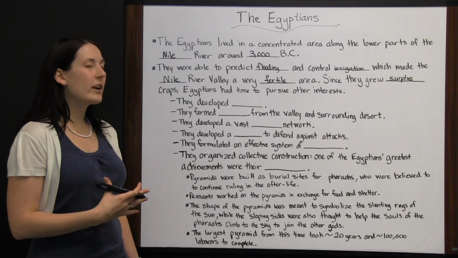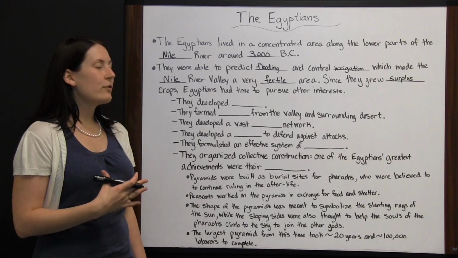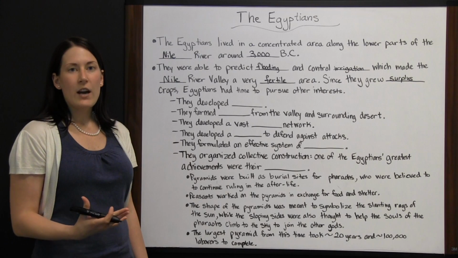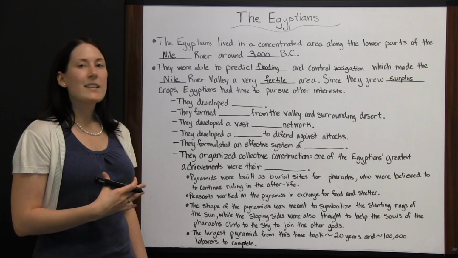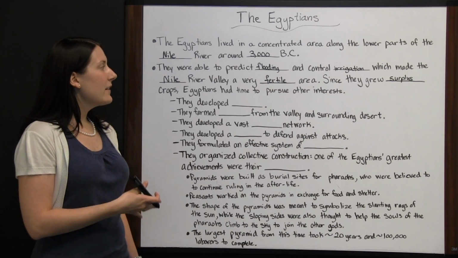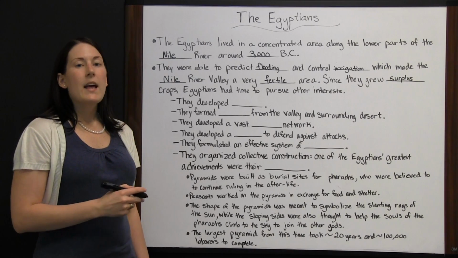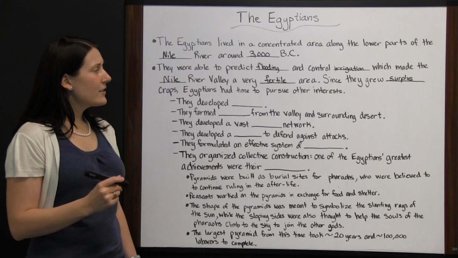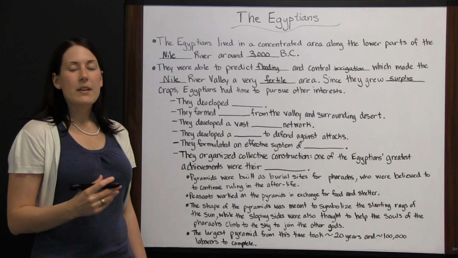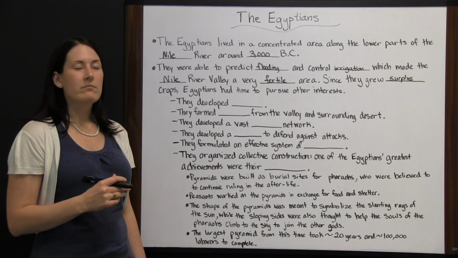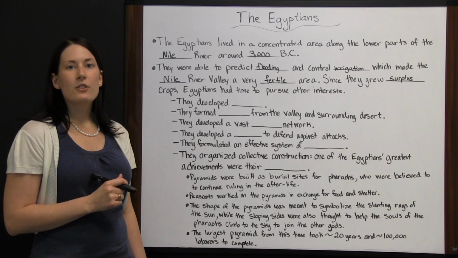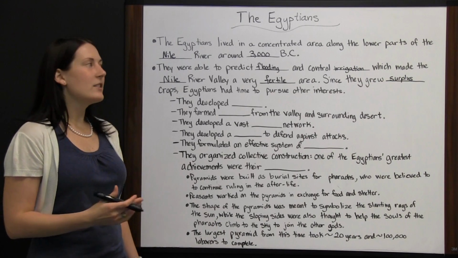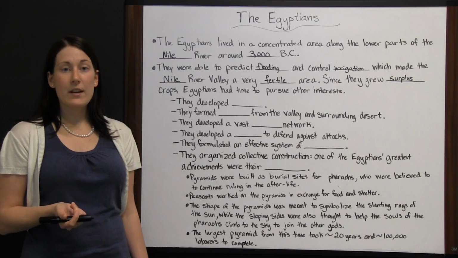They had some to store up for the future, for times of drought or famine, and they had time to do other things. So they were definitely a farming community, but they had lots of other interests because their civilization developed in a very fertile area that made for an easier life than some of the other civilizations that were developing around the same time period.